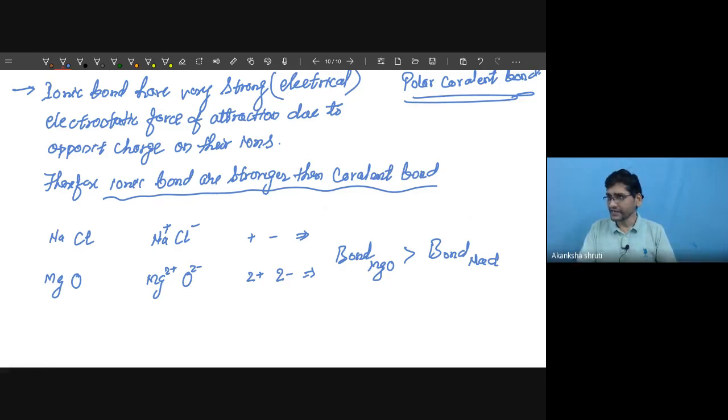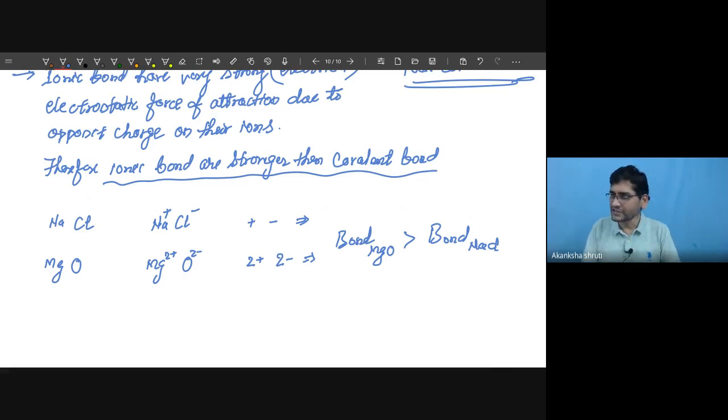That's why NaCl is easily able to dissolve in water and the ions can be made free very easily, but MgO not that much. It means that bond cannot be broken that easily and ions are not freed that easily. Okay, it is one thing. If you consider aluminium oxide, again you need to consider a similar kind of mechanism.